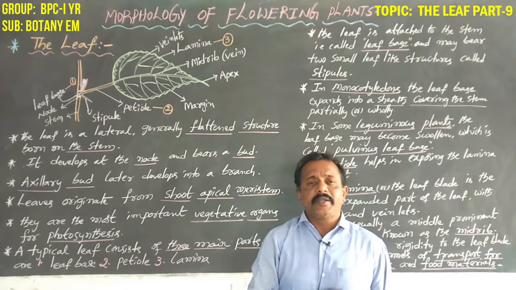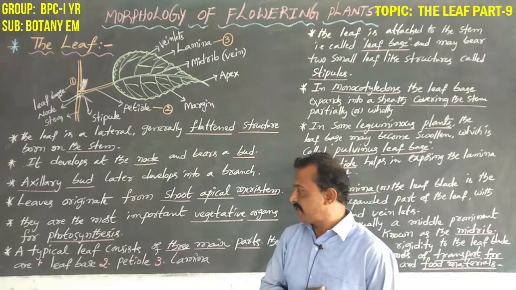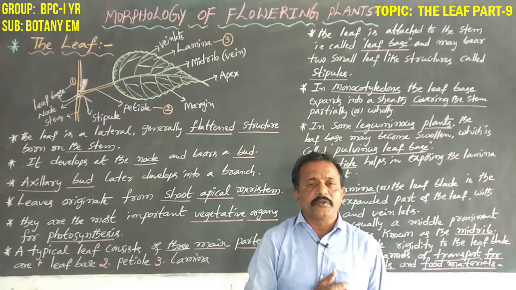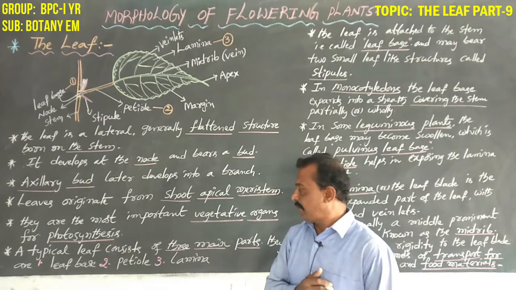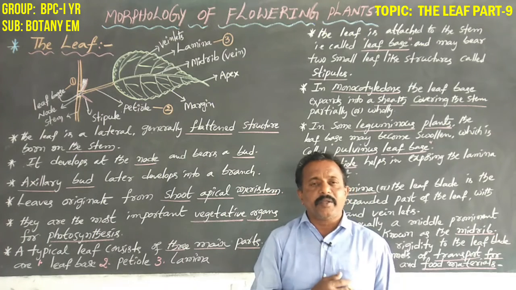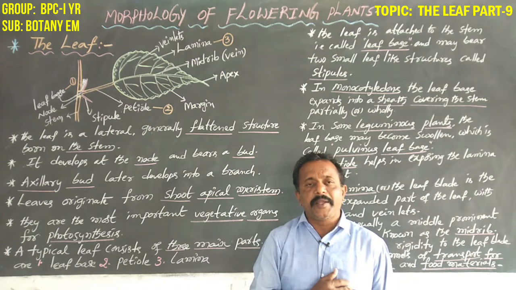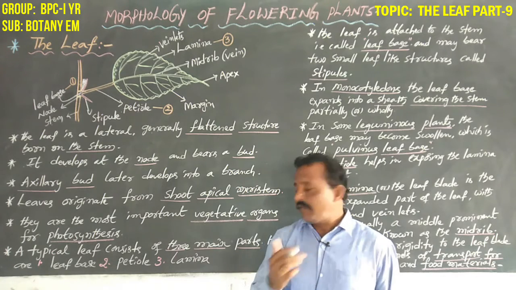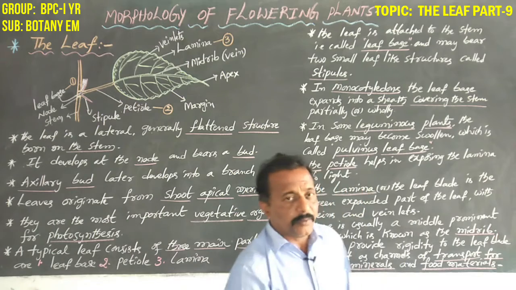What is the meaning of leaf base, and what is it useful for? What is the meaning of petiole, and what is it useful for? And what is the meaning of lamina or leaf blade, and what is it useful for? Okay, one by one.